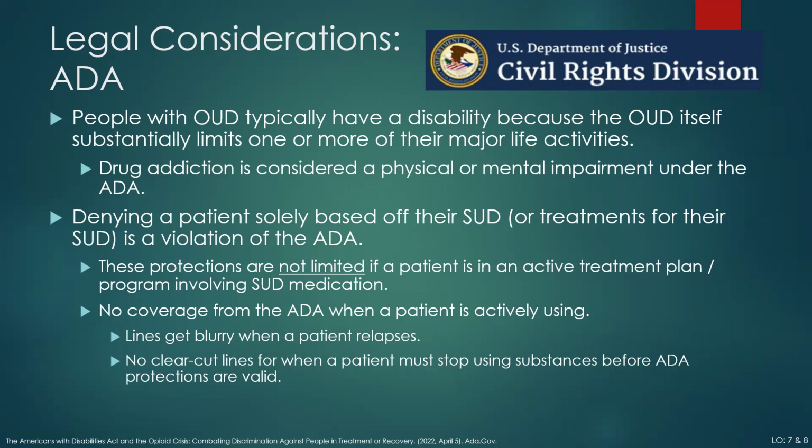And these aren't limited to patients who are undergoing an active treatment plan. But there is no coverage for when a patient is actively using drugs or injecting drugs. The lines get blurry when the patient relapses, and there are no clear-cut lines for how long the patient has to be quote unquote clean of substances before these protections come in. It's more of a question for the legal team since there are no clear-cut answers.